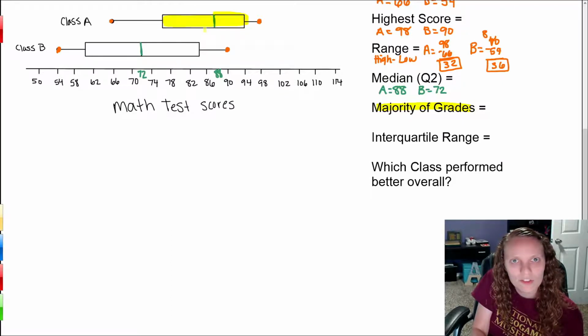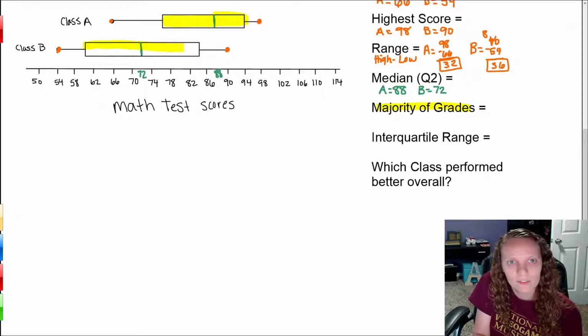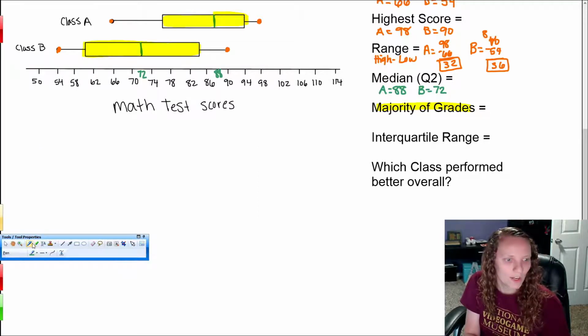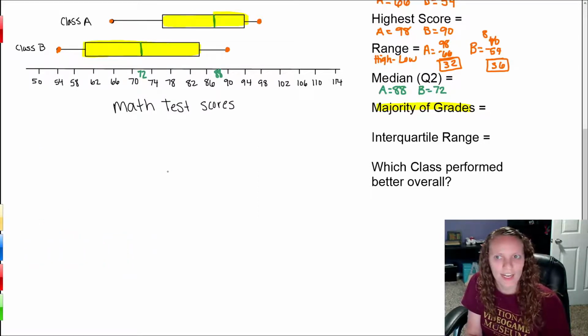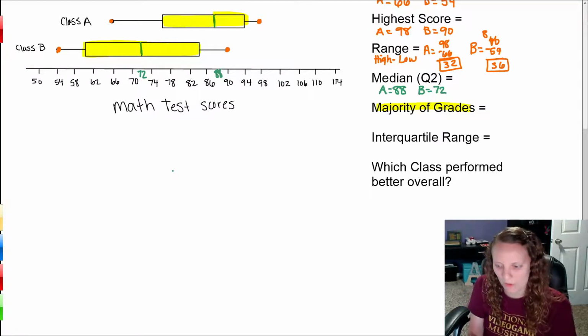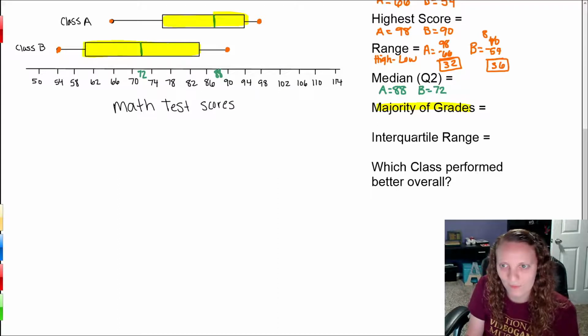That's where most of the students performed. And then for Class B, it would be inside of this box. If you notice, the majority of the grades for Class A is a smaller range. It's more compacted. And then Class B's majority is spread out just a little bit more than Class A.